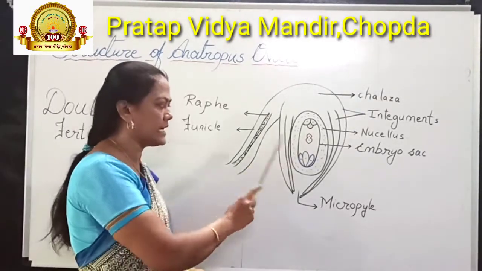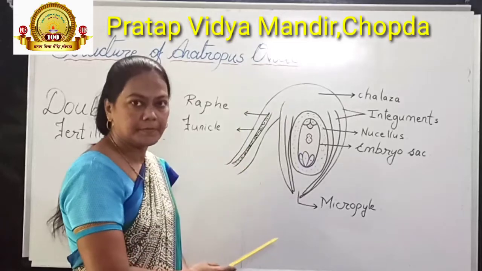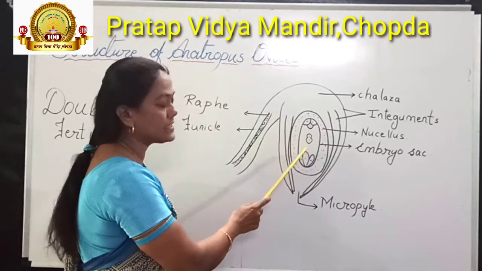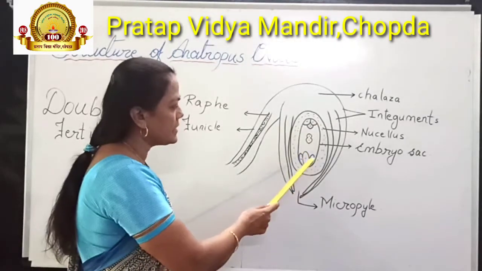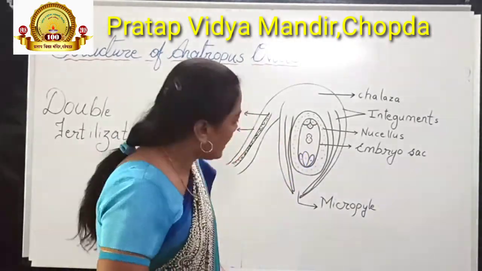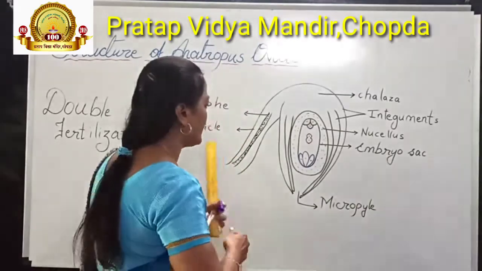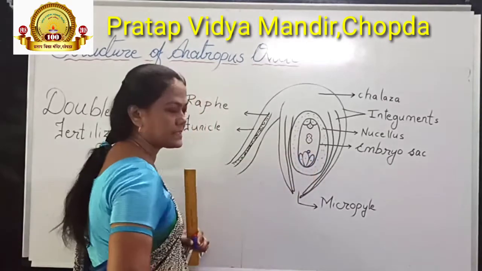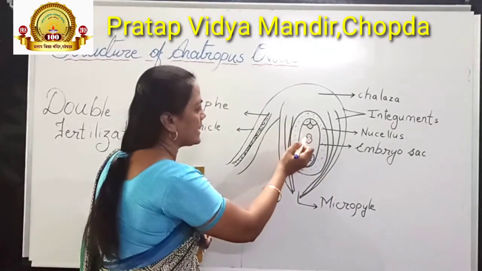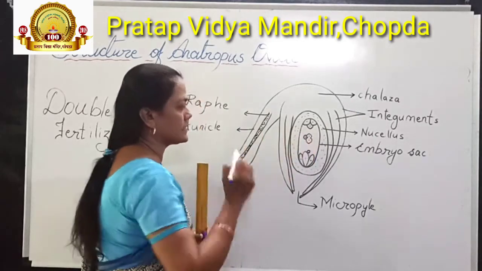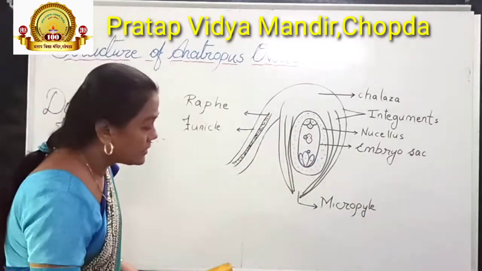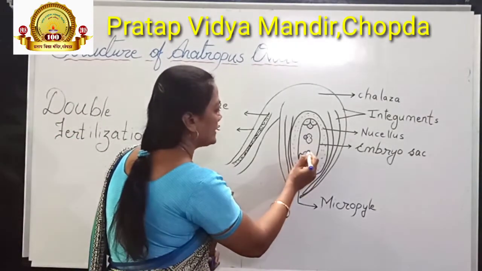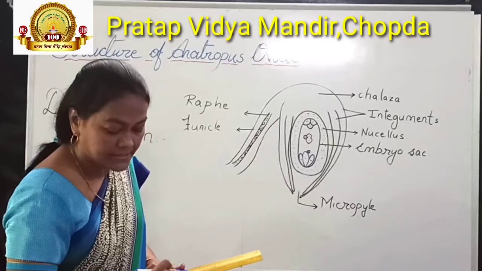The first male gamete which enters will unite with the egg cell. This center cell is the egg cell. The first male gamete unites here, and the second male gamete unites with the secondary nucleus. In this way, the 2 male gametes which enter the embryo sac unite at 2 different places in the same embryo sac.